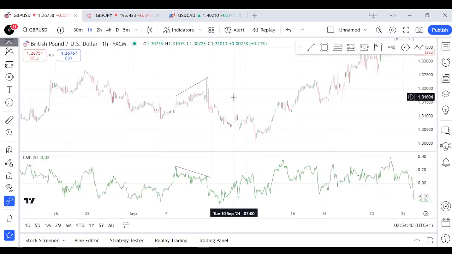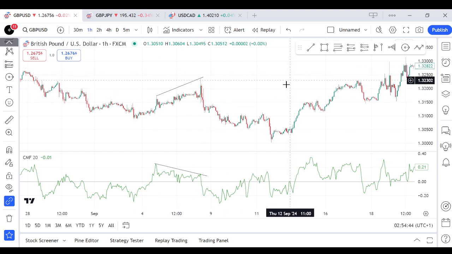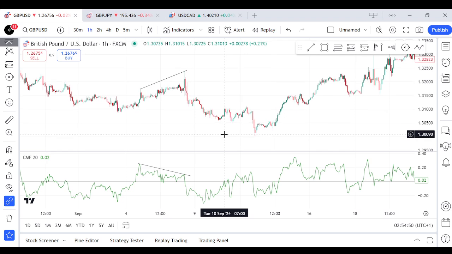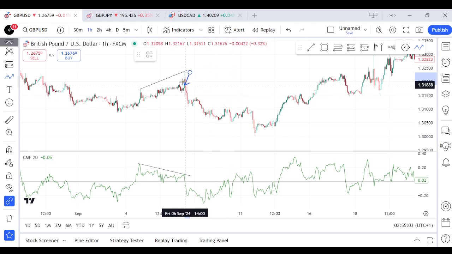This is GBP USD, and you can see price giving us higher highs and higher lows, but the CMF is giving us lower highs and lower lows right here, which signals that we may turn bearish very soon and we should be looking for possible selling opportunities to push price lower, because that is a bearish divergence right there.